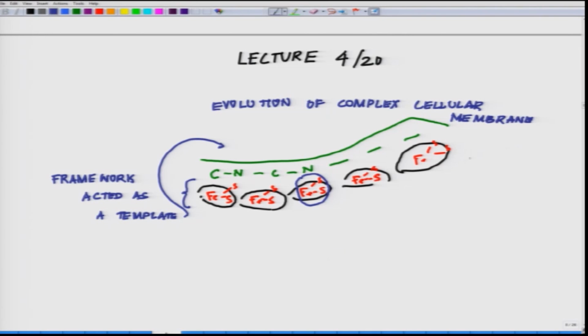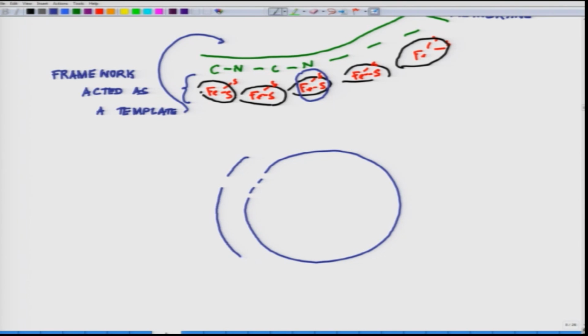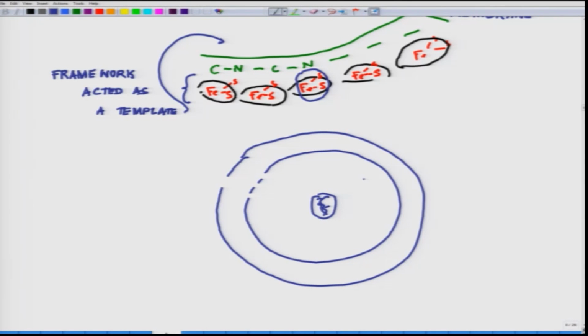If you look at the modern day cellular structure, it is something like this. Say, for example, we have a lipid bilayer. You see a cellular structure with a nucleus in the center. You have the mitochondria, which we will be dealing with, and the chloroplast in the plant cell.